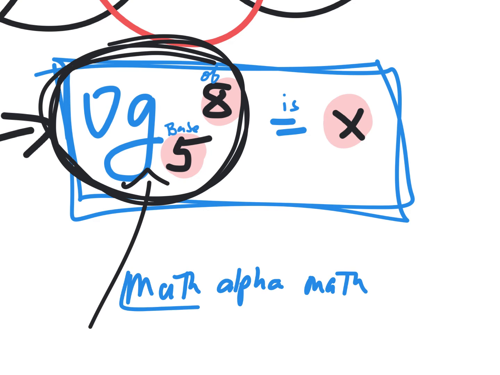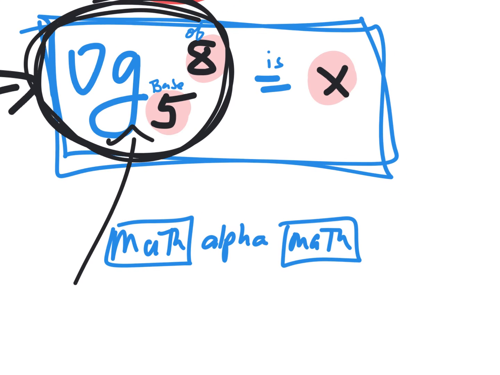Math alpha math will bring up a little thing that goes like this: log with a little box and another little box, and that's where you put in log base 5, and then in the other box you put in 8, and then you hit enter, and it tells you.